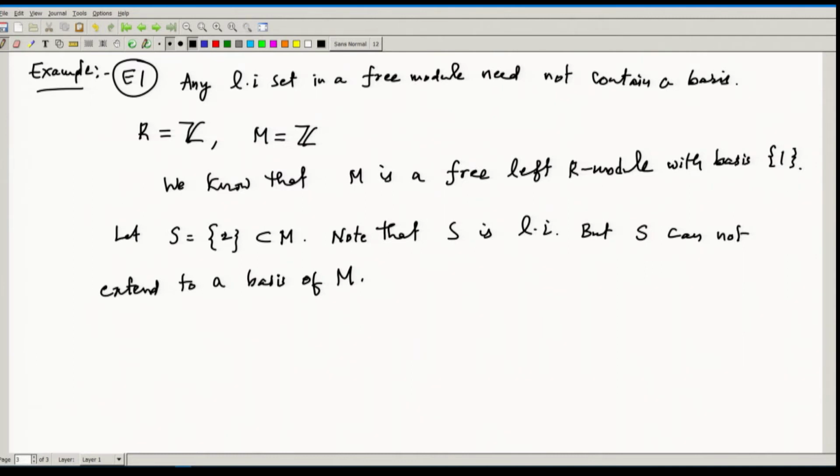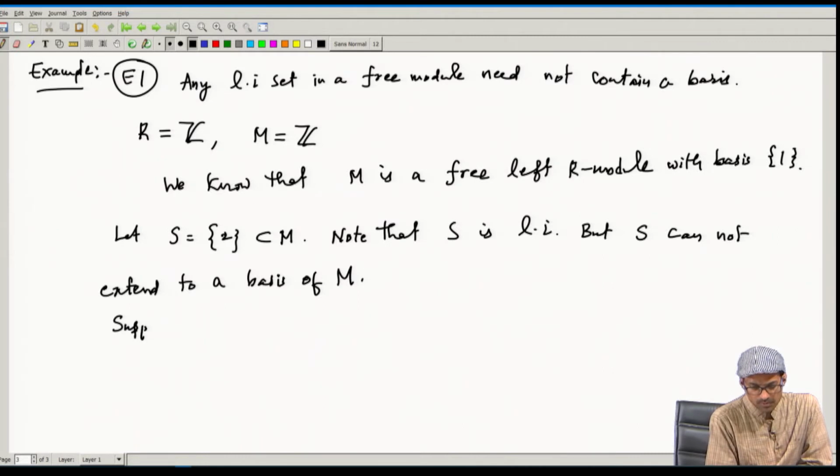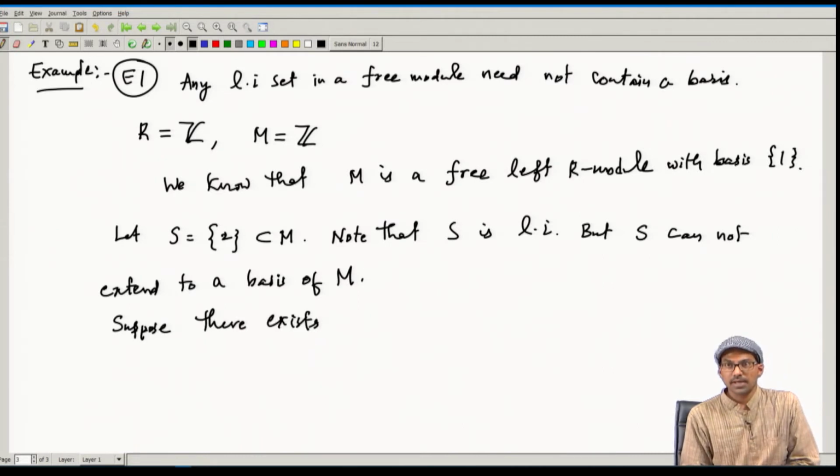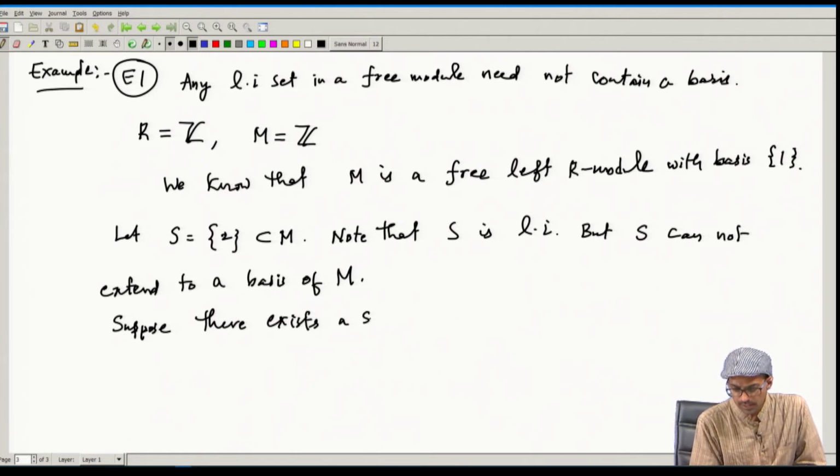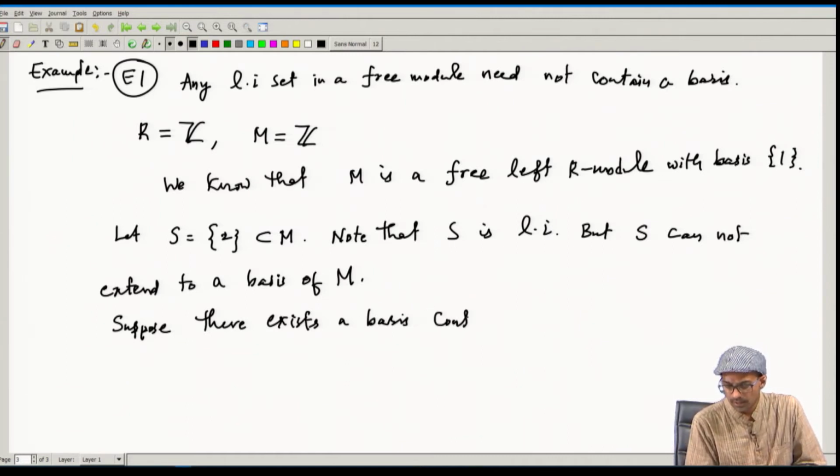So, let us prove this. Suppose there exists a basis, let us say B, containing 2.